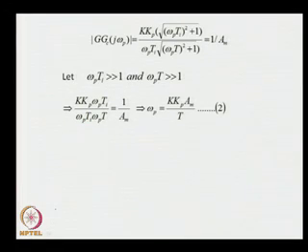Similarly, the gain at the phase crossover frequency can be expressed as k K p times root of omega p T I square plus 1 divided by omega p T I root of omega p T square plus 1 equal to 1 upon A m, the gain margin.